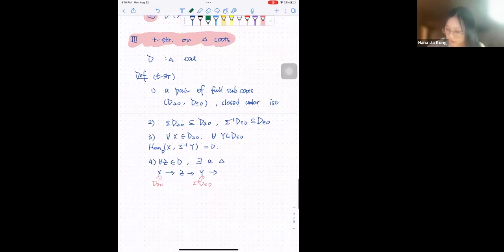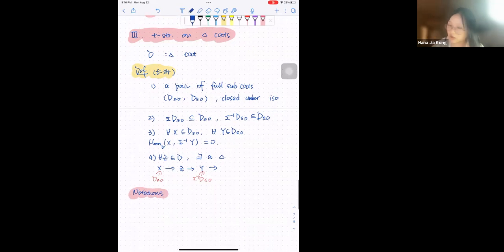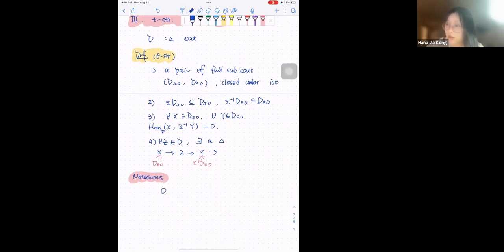And maybe some notation. We write D greater or equal to n for the nth suspension of D greater or equal to 0, and D smaller or equal to n for the nth suspension of D smaller or equal to 0 with negative n.